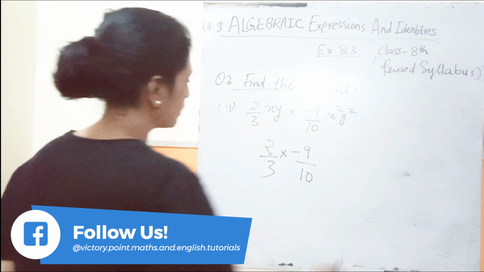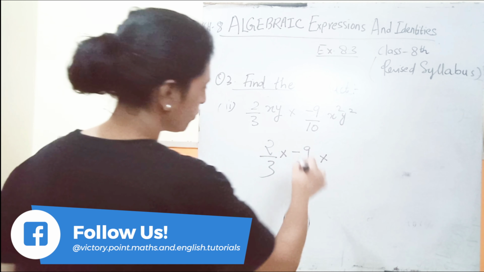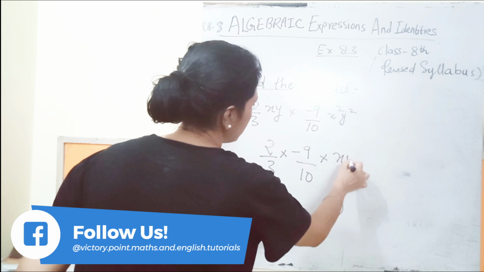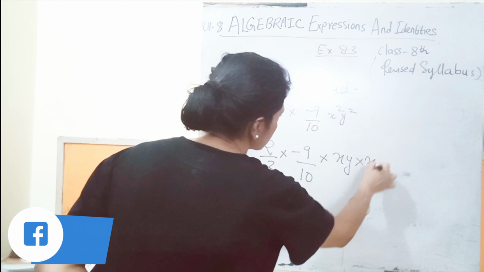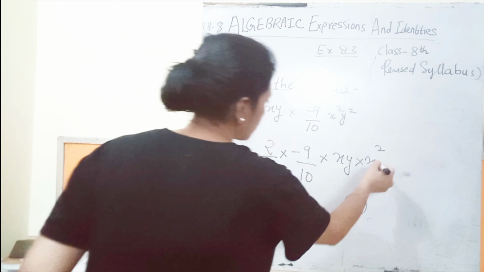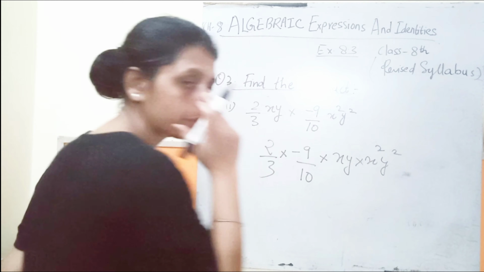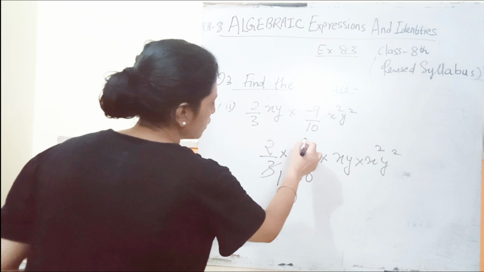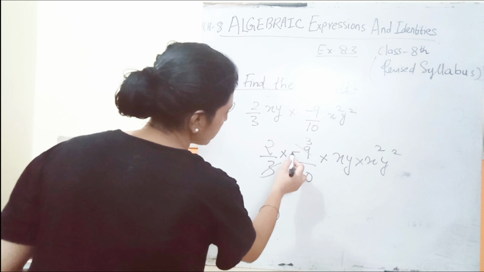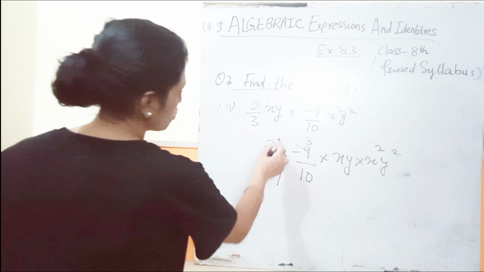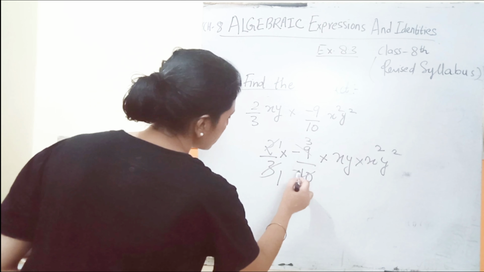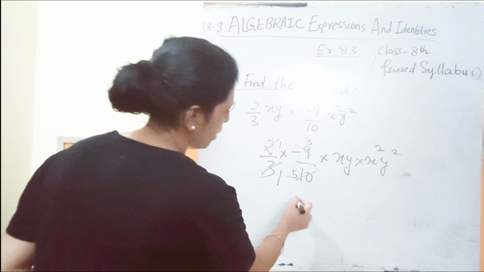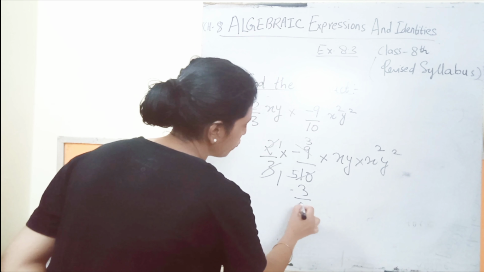Okay, then we will write the variables xy multiplied by x to the power 2 y to the power 2. Okay children? Now 3 1s are 3, 3 3s are 9, and here the minus sign will come. 2 1s are 2, 5 2s are 10. Okay, now it will be minus 3 upon 5.